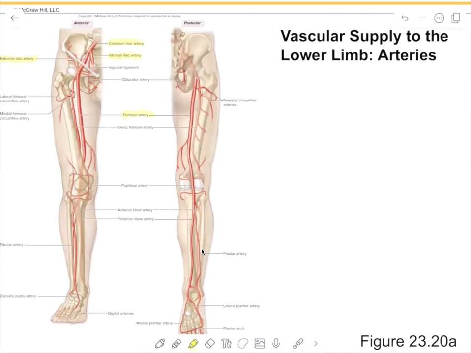A branch of it is the deep femoral artery. That femoral artery then, once it gets to the posterior surface of the knee, is called the popliteal artery, which splits to become the anterior and posterior tibial arteries. We then see also the fibular artery, which is on the lateral side of the lower leg.